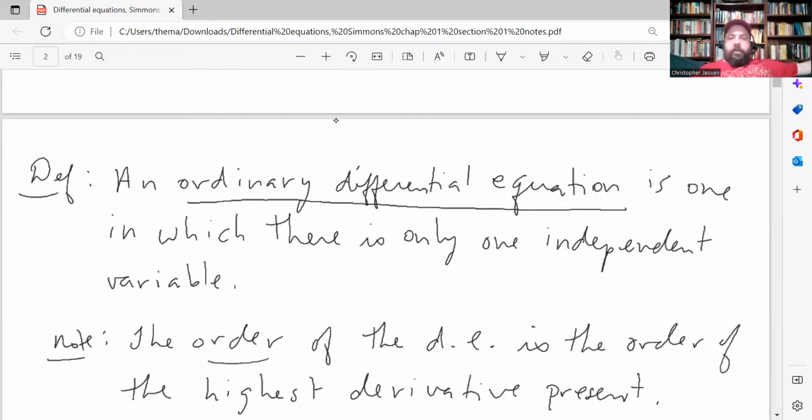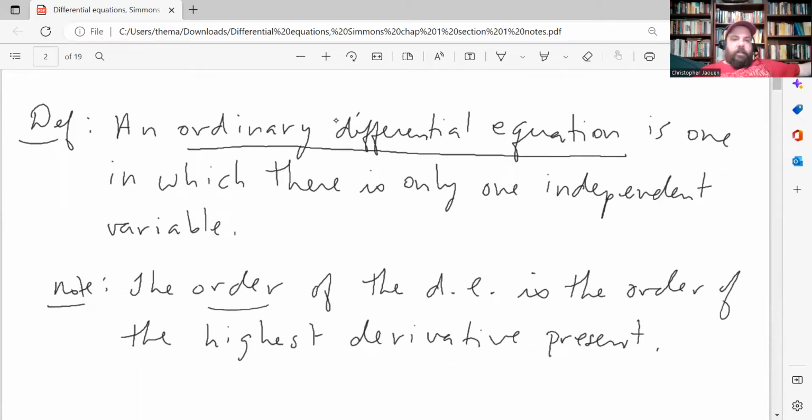So in other words, you'll be able to graph these solutions in the Cartesian plane, the XY plane. The order of the differential equation is the order of the highest derivative present. We'll see some examples of differential equations in a second, but that's what the order means.